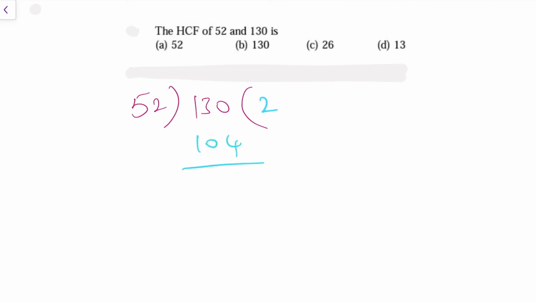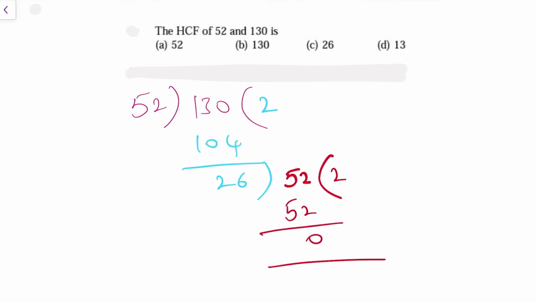So 130 minus 104, it is 26. Bring that 52 here again. 26 2s are 52. So 0 remainder. So 26 is the answer. Highest common factor of 52 and 130 is 26. Option C.